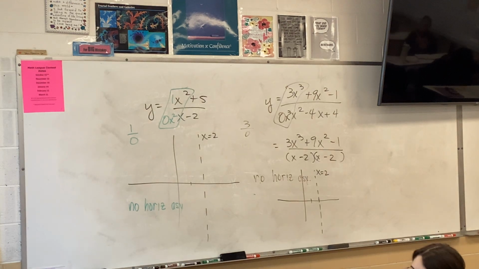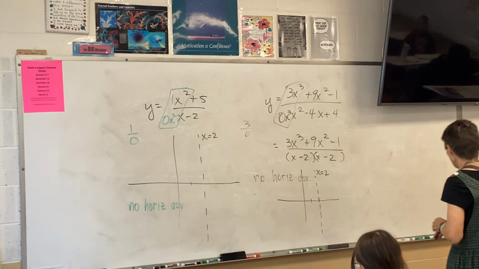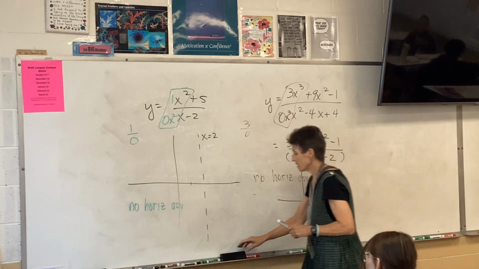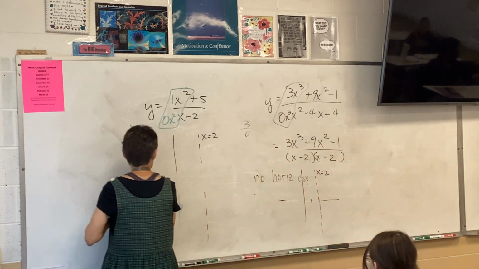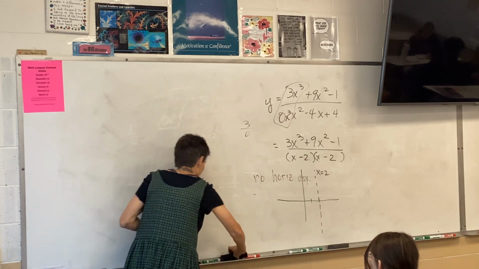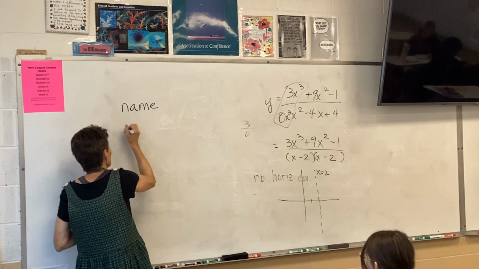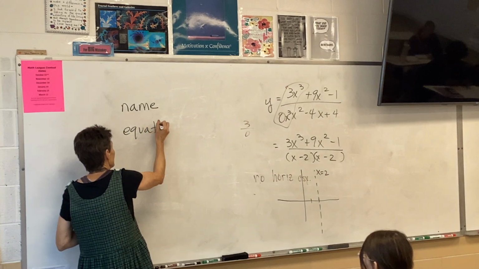You're making your own flashcards. So in a minute, we're going to make the first couple. What has to be on your flashcard is the name of the function, the equation of the function, and the graph of the function. So name, equation, and graph.